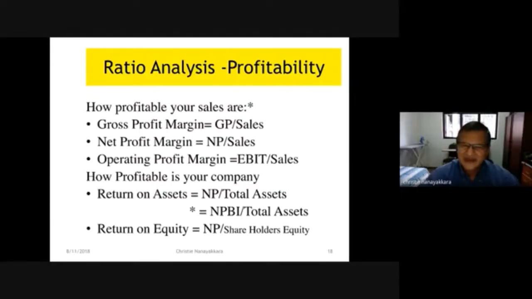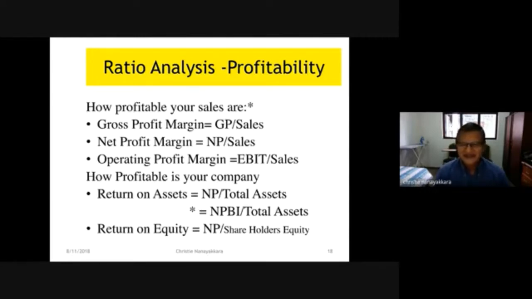If you see a customer's profit and loss account, the topmost item is your revenue, or we call it sales. Then you deduct your cost of sales, the amount of money you invested to sell those items, and you get your gross profit. If you divide your gross profit by sales, you get the gross profit margin.